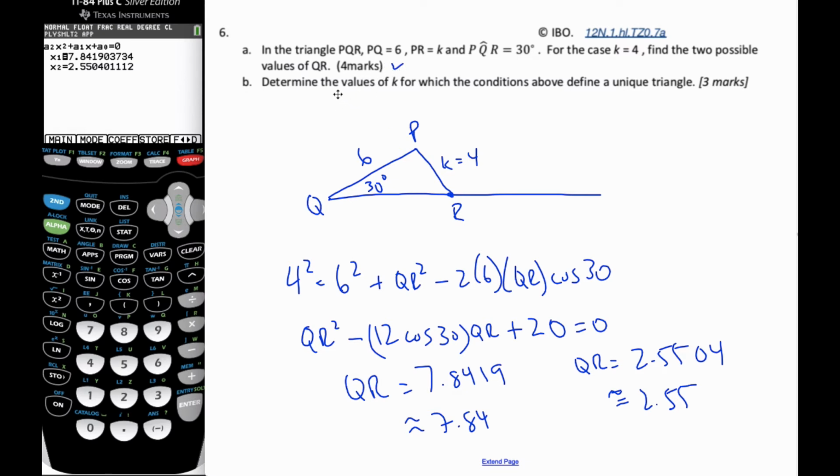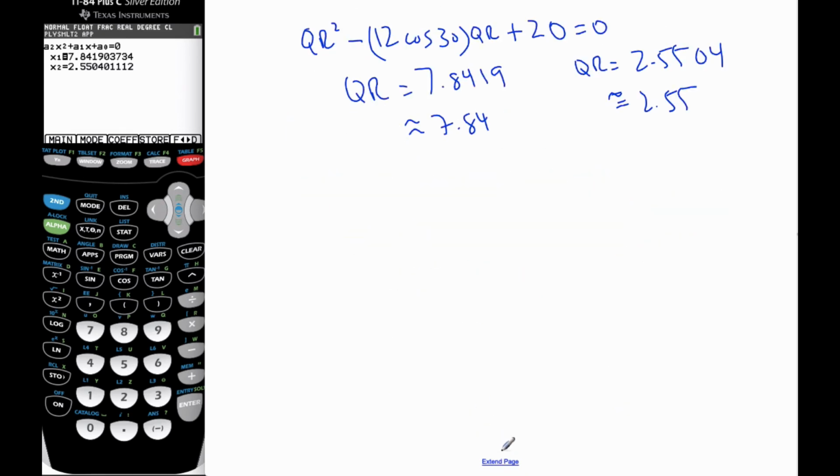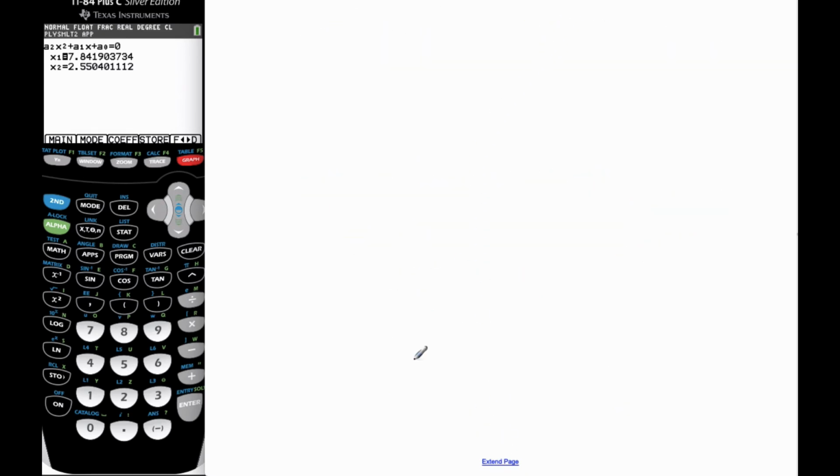Now the B part, I want to know the values of K so I get a unique triangle. That means that there is only one possible triangle. Here, there's two possible triangles. I can have this KR or I could have this KR. And so for me, this is really a visualization problem. So I'm going to draw this again.